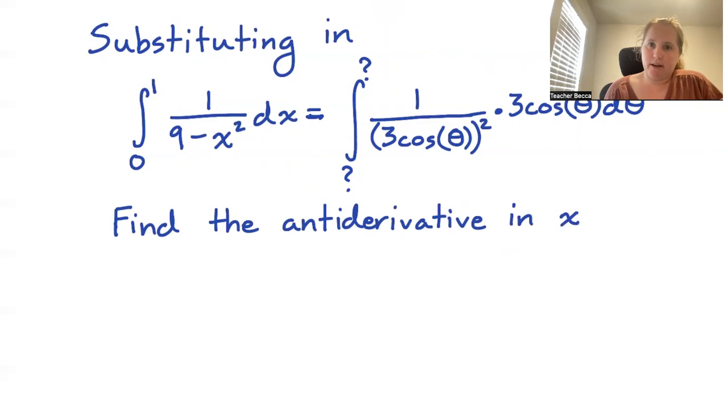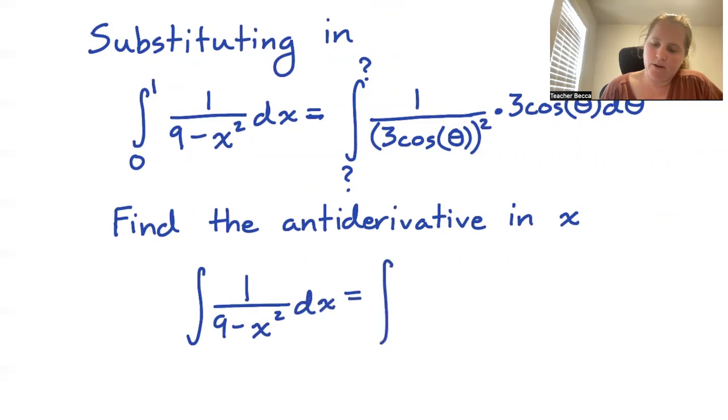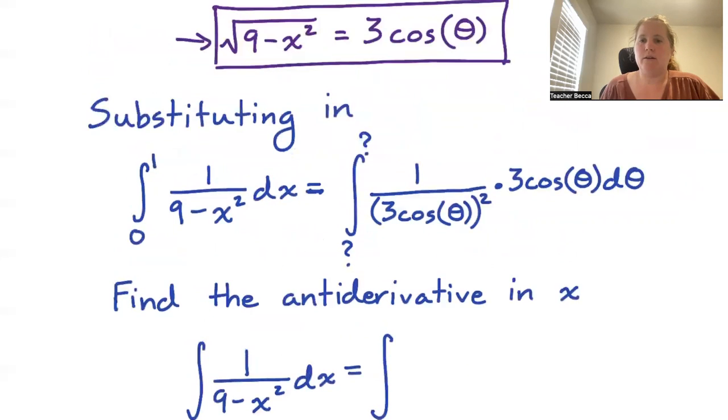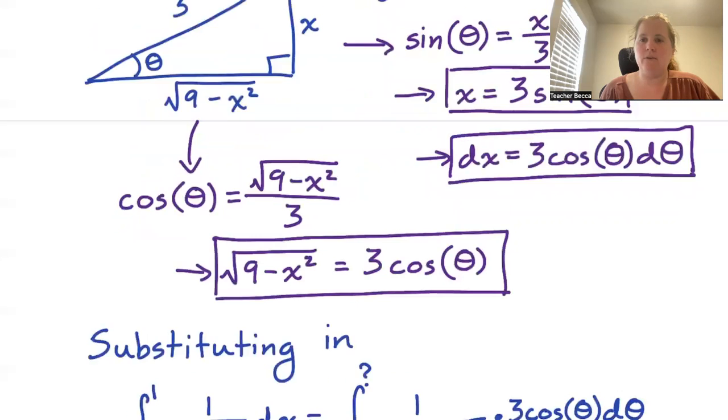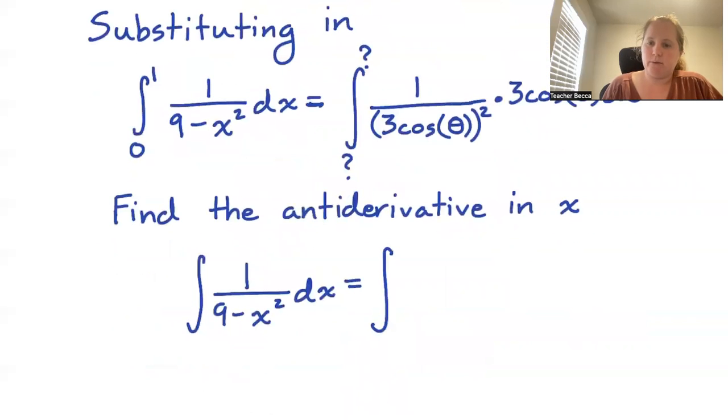So we have the indefinite integral of 1 over 9 minus x squared dx is equal to the indefinite integral. One of our 3 cosine thetas cancels out, and so we are just left with 1 over 3 cosine theta d theta.